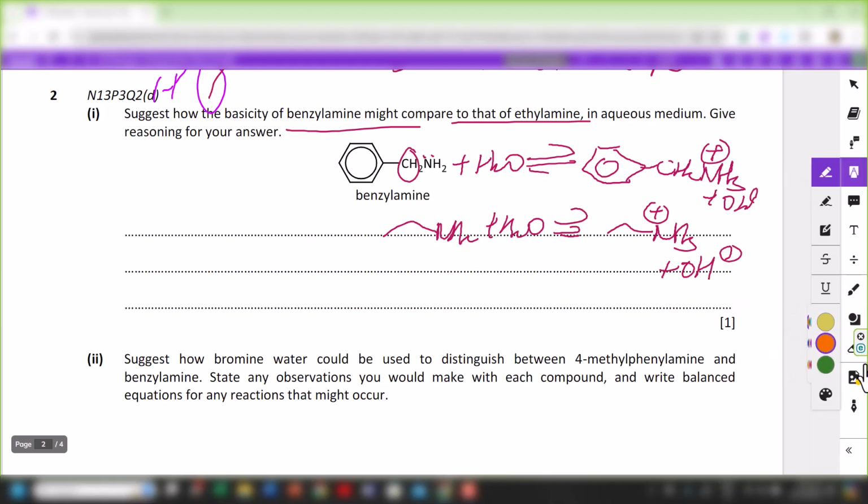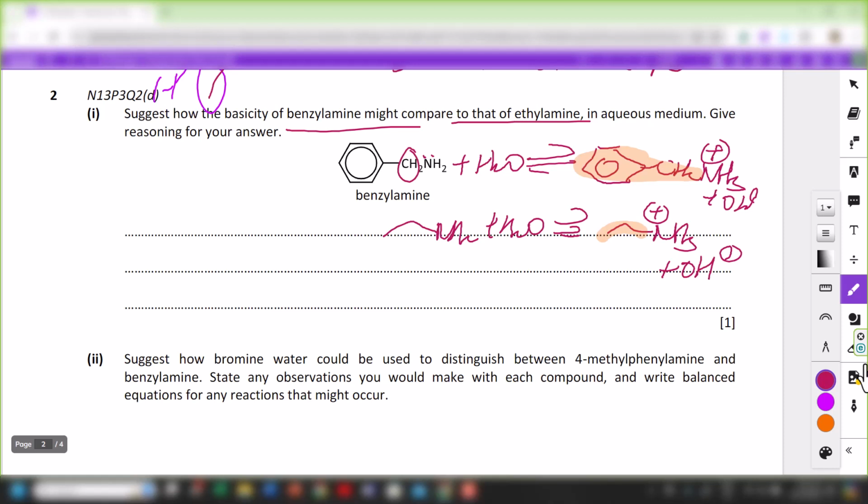So let us focus on how effectively the conjugate acids are being solvated. Why is that the case? Because both are primary amines, and to decide on the extent of ionization, one other factor we should look at is solvation.